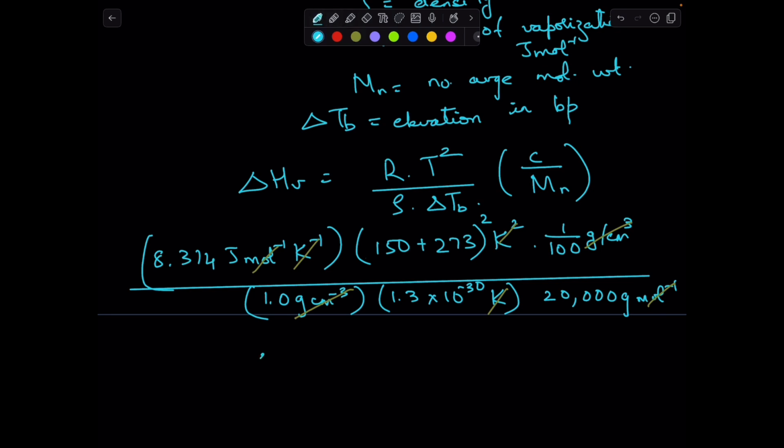So we get delta HV as 57.22 times 10 to the 28 joules per gram.